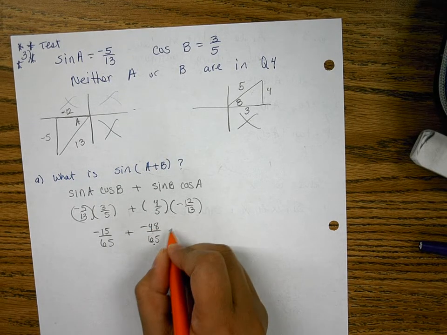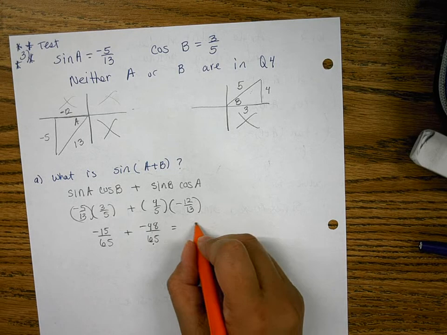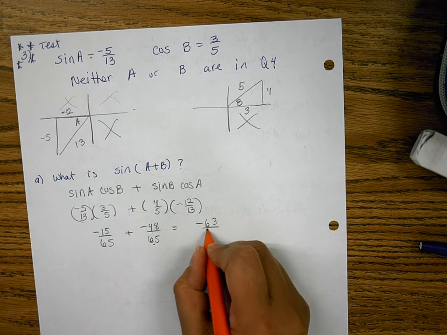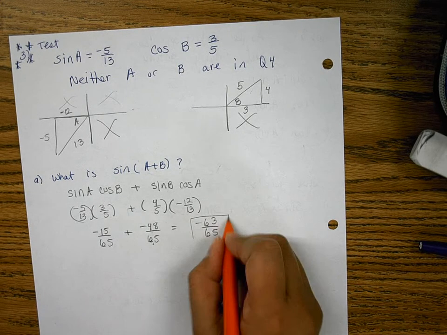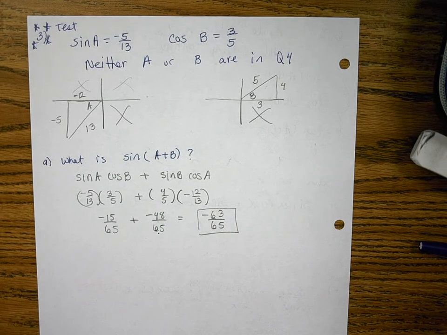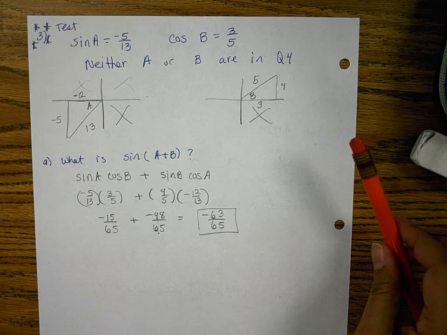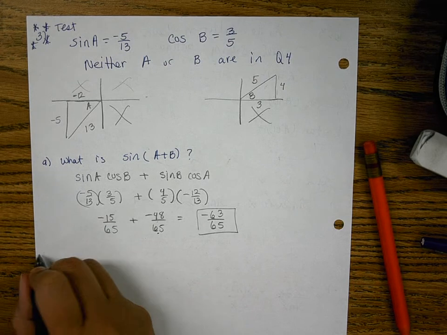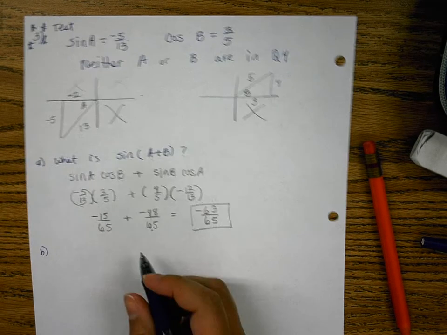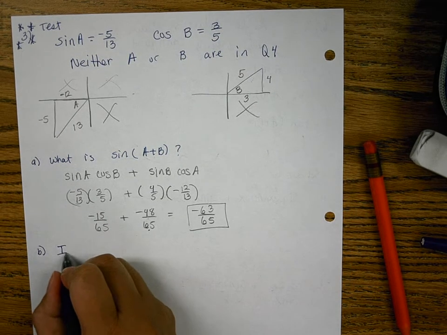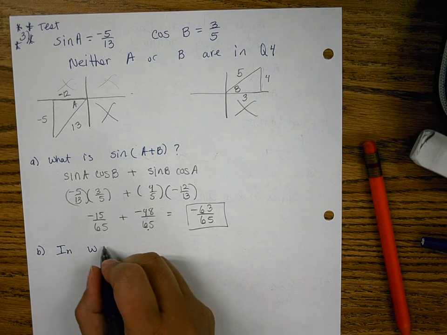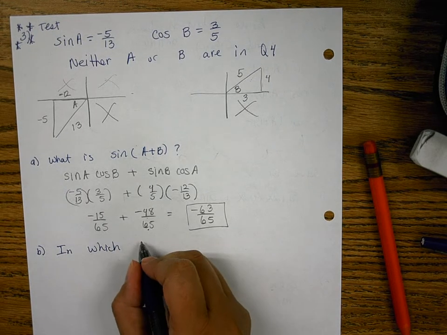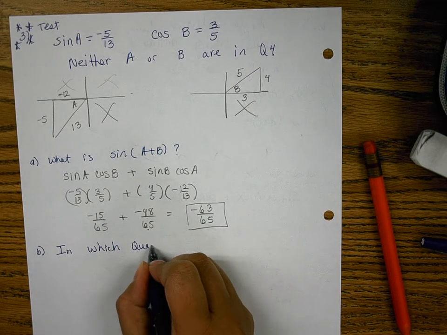So this gives me negative 15 over 65 plus negative 48 over 65. Add the two negatives together, negative 63 over 65. All right, that part most kids can do okay and not struggle with too much. It's part B where they tend to struggle.